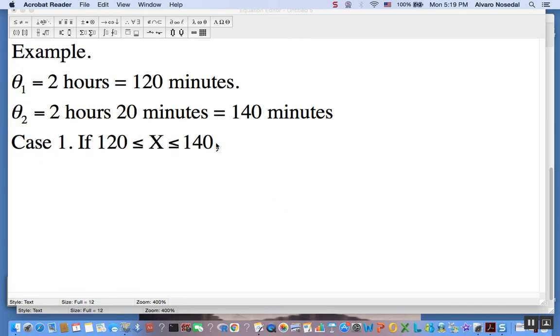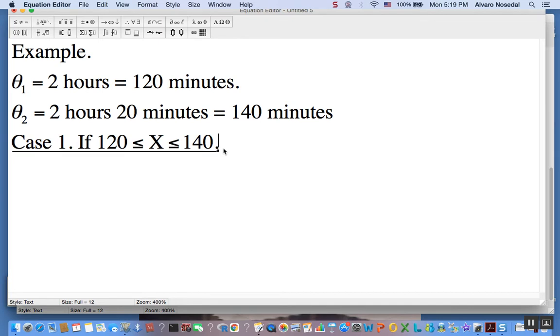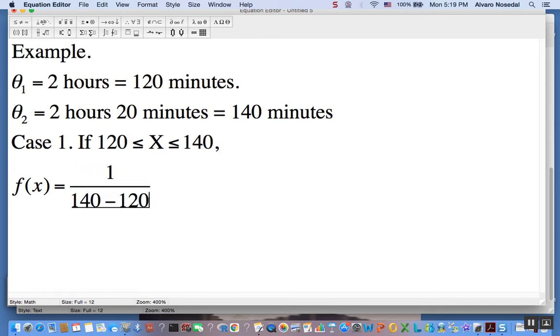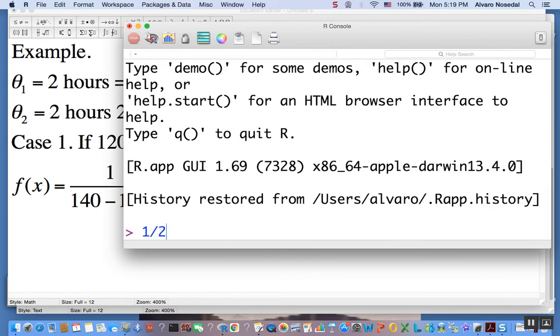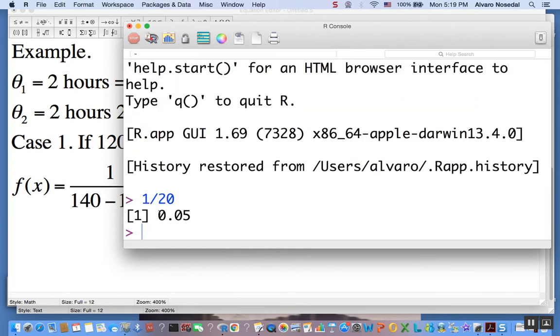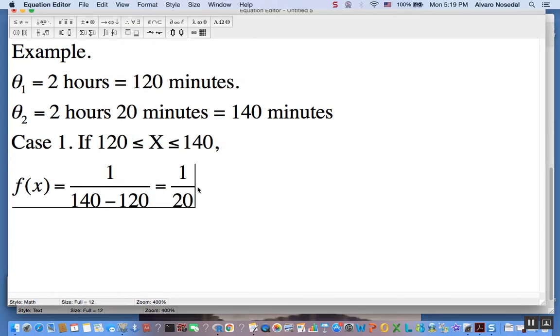So it would be 1 over 140 minus 120. f at x equals 1 over 140 minus 120, that's the same as 1 over 20, and 1 over 20 is the same as 0.05.